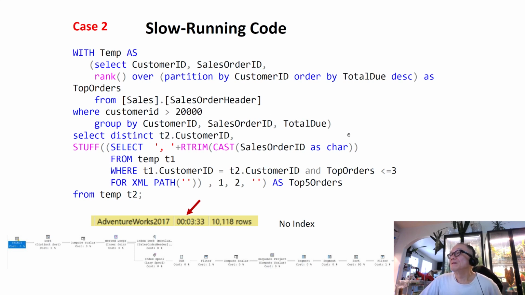Therefore, in the subquery, we need to do the work at the sales order header, the hierarchical level. But in the outer query, we should do the work at the customer level. It's a higher level of the data hierarchy. That's a candidate for performance tuning improvement. Maybe we can try that.